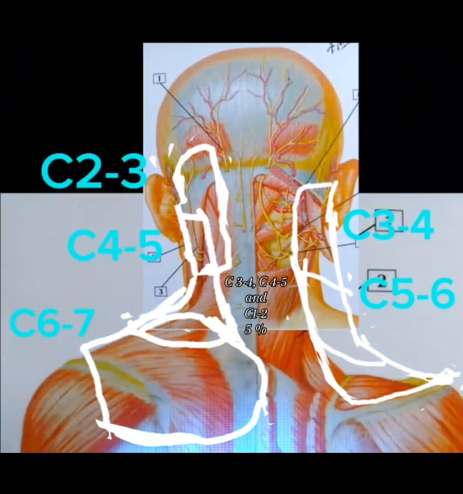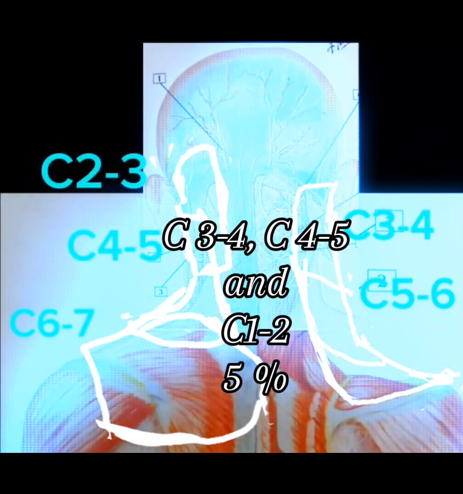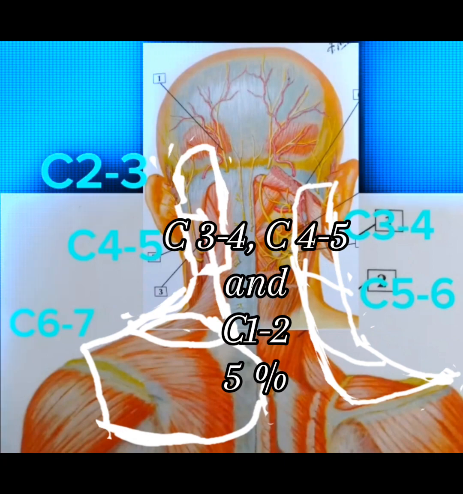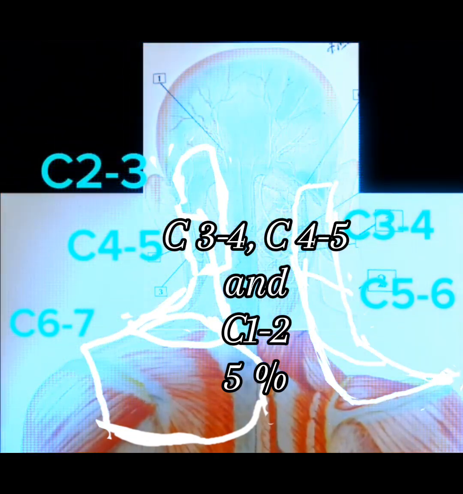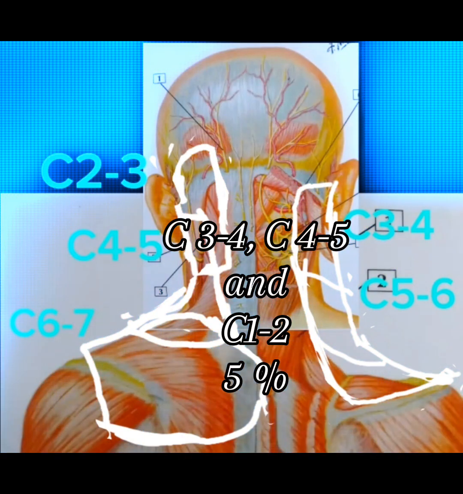Joints at C3-4, C4-5, and C1-2 were each symptomatic in less than 5%.